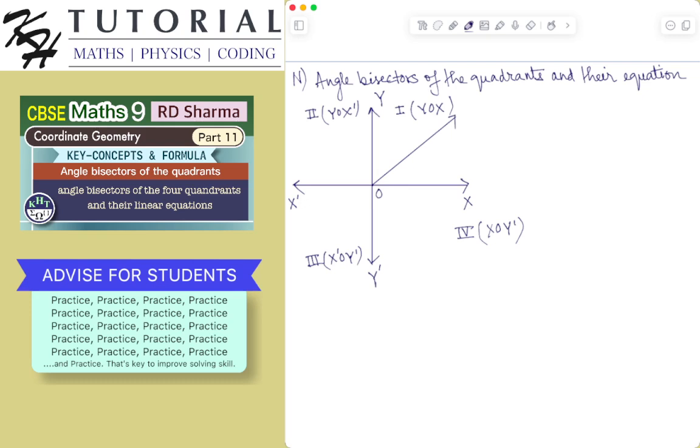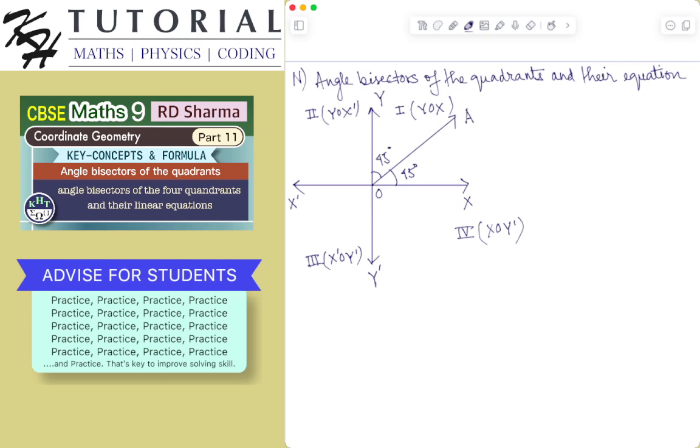Remember, this is not a straight line; it is a ray. Let's say this bisector is OA. You can extend the end point A to infinity, but the origin O is fixed. So obviously, this is 45 degrees, and this is also 45 degrees.